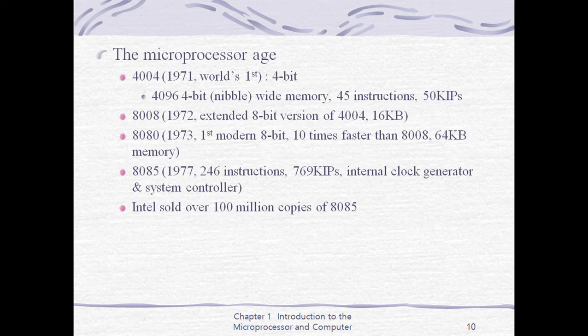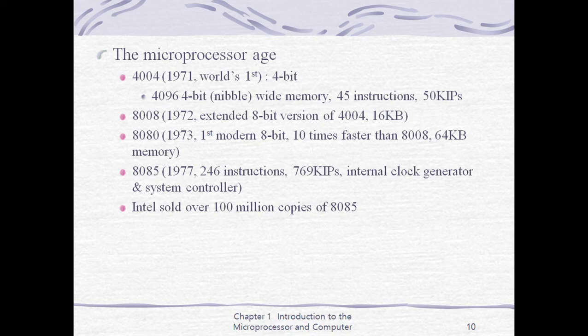So in other words, the memory that it could support was just 2 kilobytes. It had 45 instructions, which is a very small set of instructions as compared to modern microprocessors. The speed of this microprocessor was just 50 kilo instructions per second.